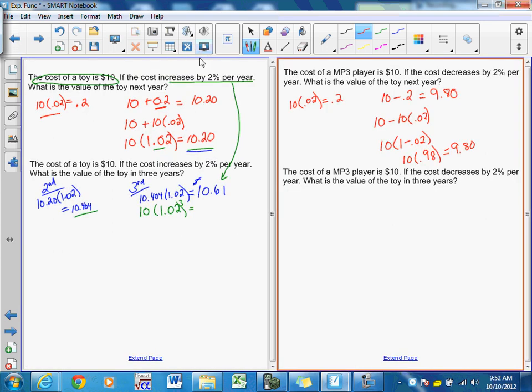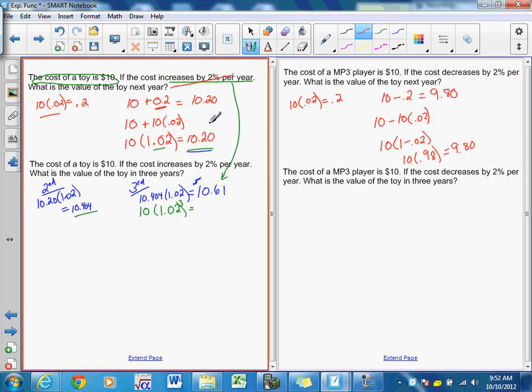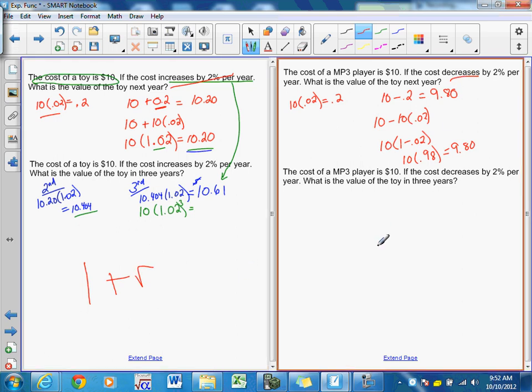So if I increase by a percentage, it's just 1 plus that rate. If I am decreasing by a percentage, it's 1 minus that rate. And if I want to know what's the total in 3 years, if it decreases by 2% a year, that's just 10 times 1 minus 0.02, which is 0.98, cubed.